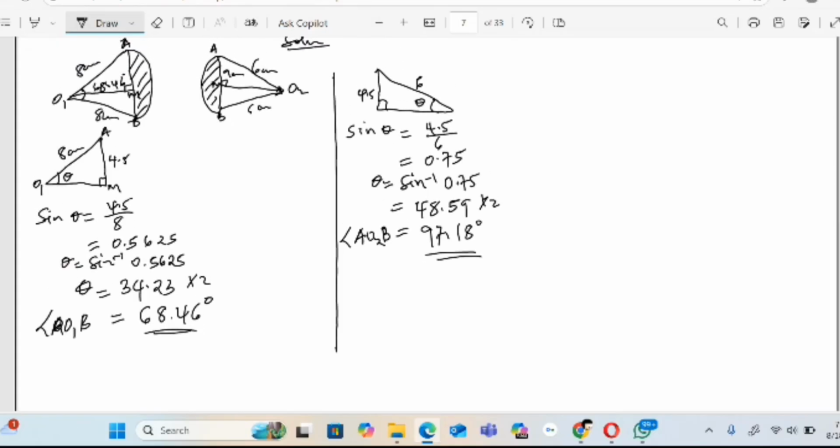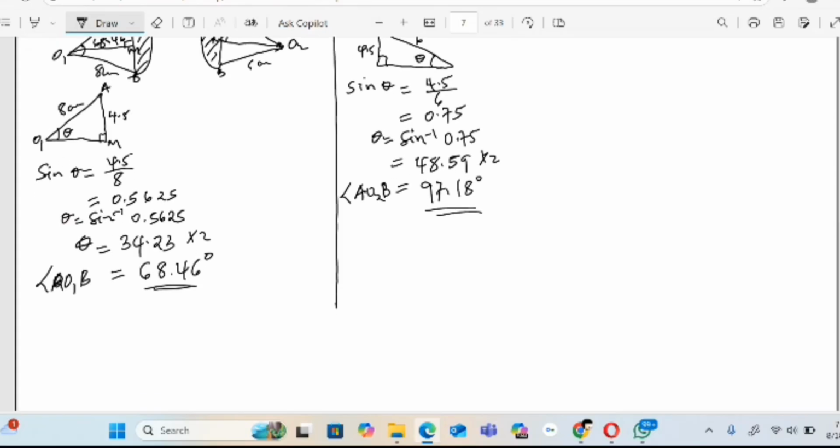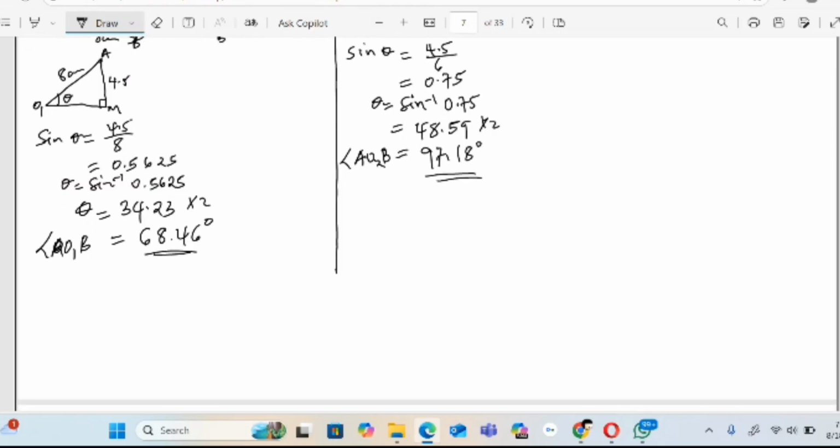So the area of segment is equal to the area of sector minus area of triangle.